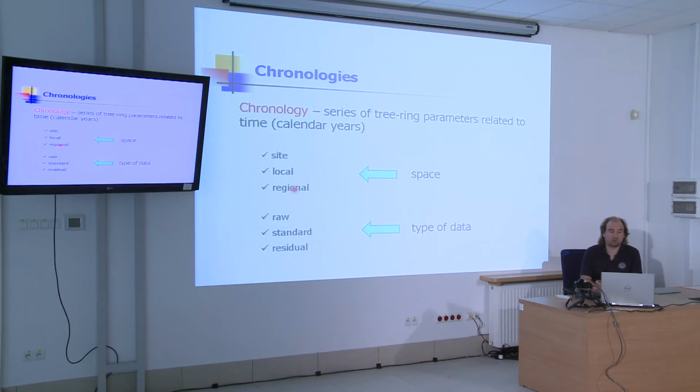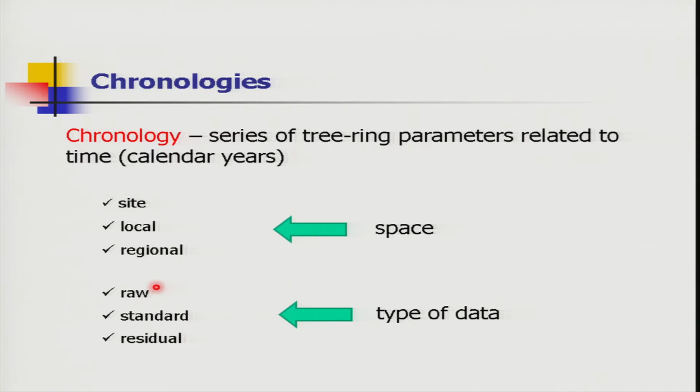Sometimes when climate conditions are reconstructed for the whole hemisphere, such widespread chronologies are also constructed. If we look closer at the type of data which is used for the chronology construction, we can distinguish raw, standard, and residual chronologies.